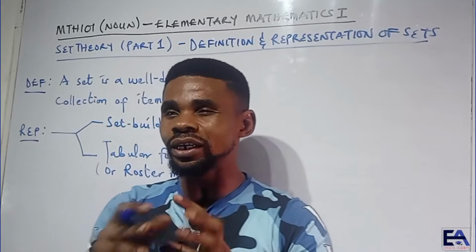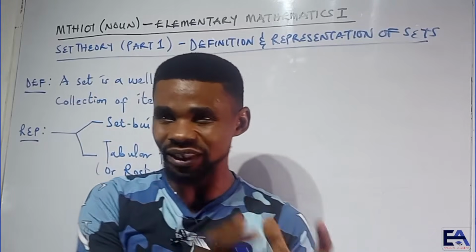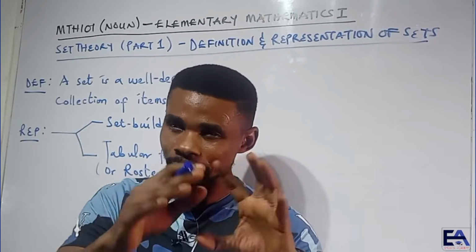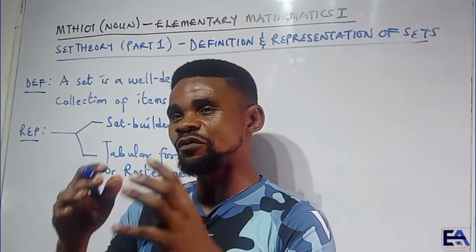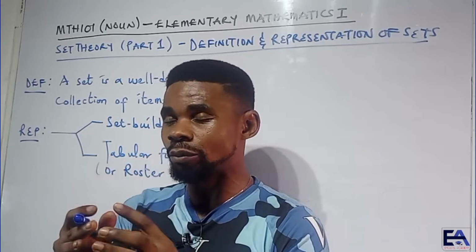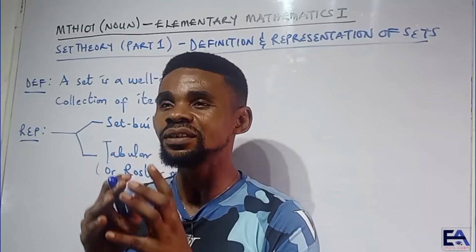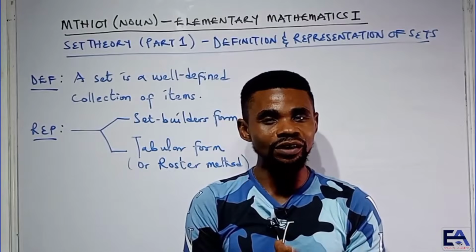So any collection of items that is given a definition, or that is grouped for some particular reason, or for what they have in common, that collection is what we regard as a set. I believe you get that.